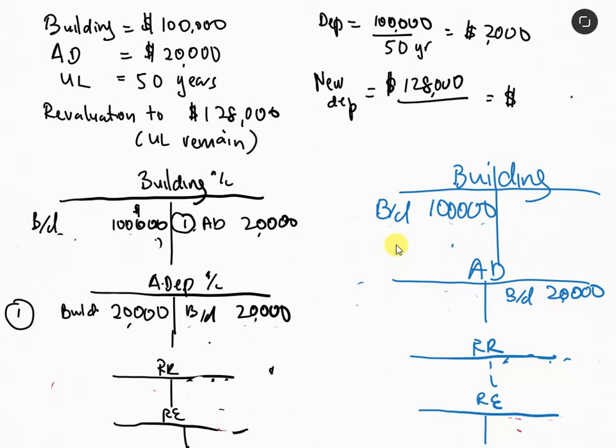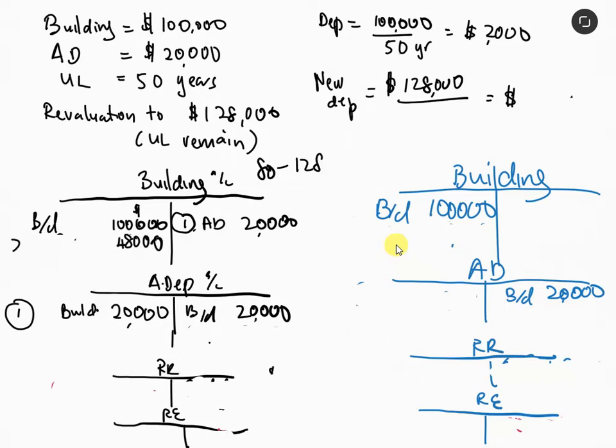Understand? So what happened to my net book value now? I already make accumulated depreciation zero. Transfer to here, left with 80. From 80, I want to revalue to 128. Revalue by 48. So plus or minus? Debit lah.